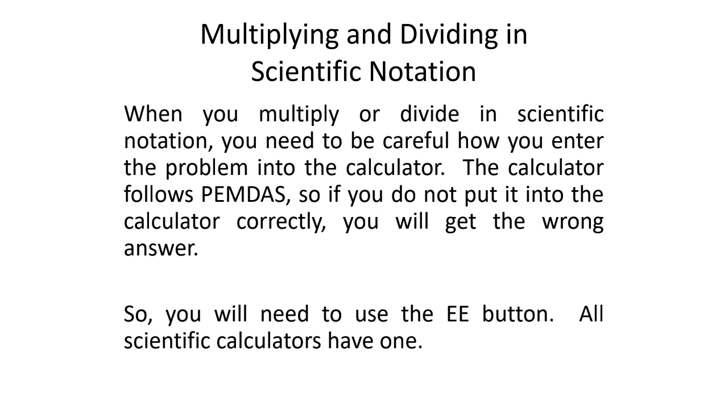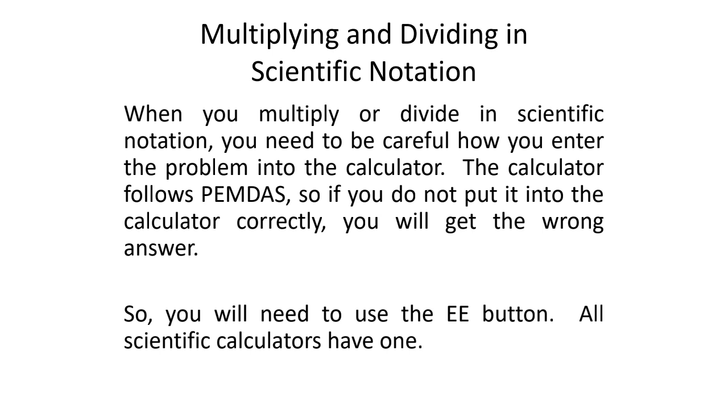Now, you can do one of 2 things. You can convert the number to regular notation and do it that way, but that's a pain. All calculators have this thing called the EE button. If you remember on the previous slides, one of your answers was maybe 9.21 E negative 14 or E 14.